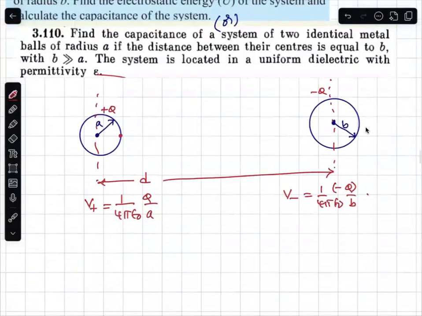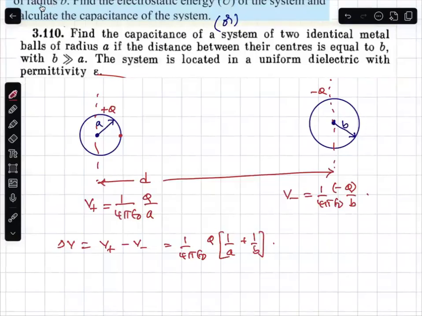Can someone please help me in writing what is the potential difference in this case? V plus minus V minus. So this will become 1 by 4 pi epsilon naught Q times 1 by A plus 1 by B. That is the potential difference.